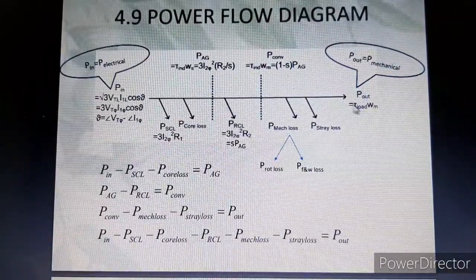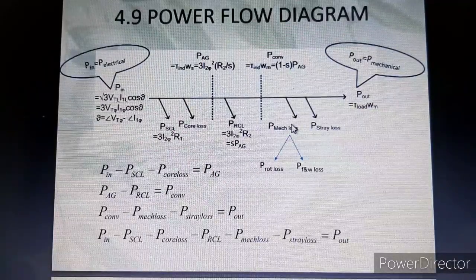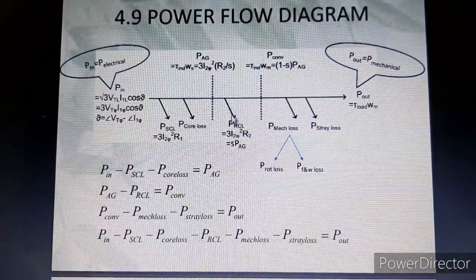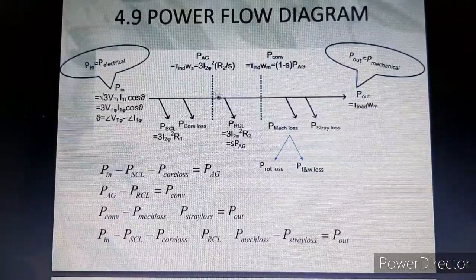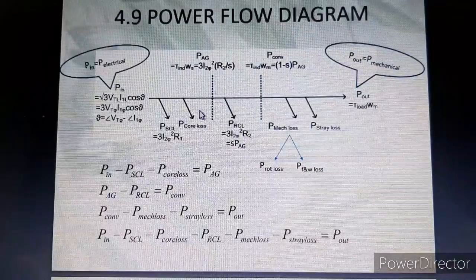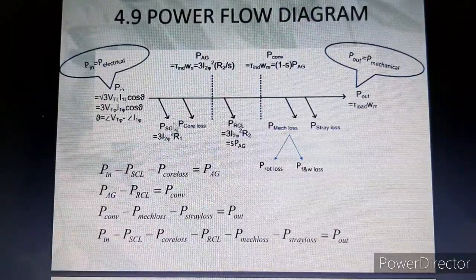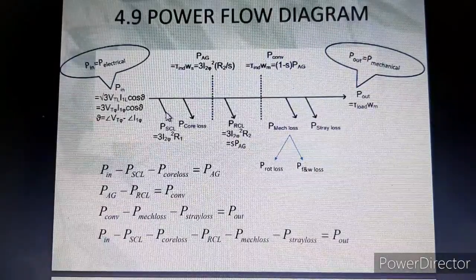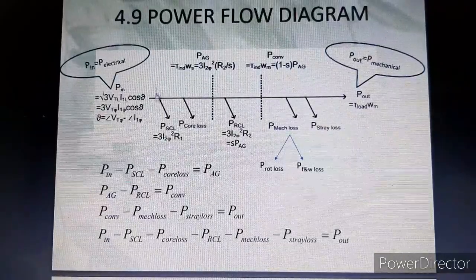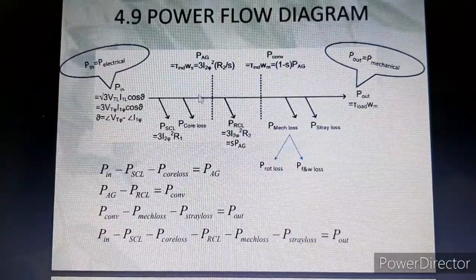For example, P out 90 plus 2 plus 2 is equal to 94. 94 plus 2 for P core, you get 96. 96 plus 2 for P SCL, another 2 watts, then you get your P in, that is 100 watts. So you can go from input to output or output to input.